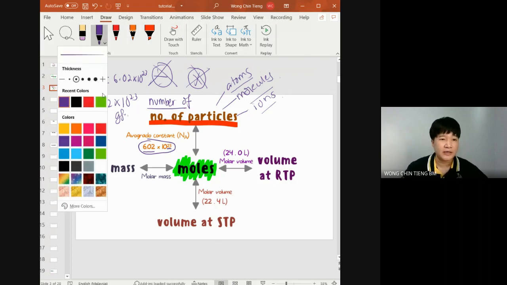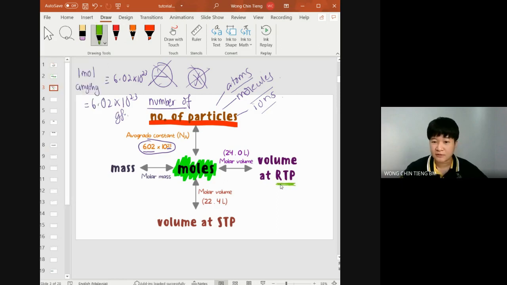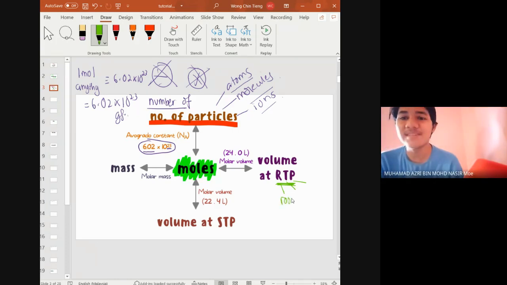And next over here, we have volume at RTP. Anybody can tell me, what does RTP stand for? Room temperature and pressure.